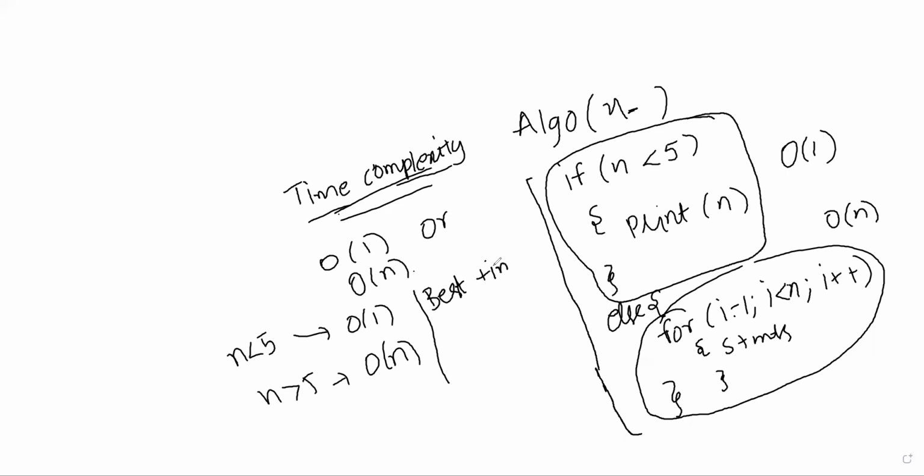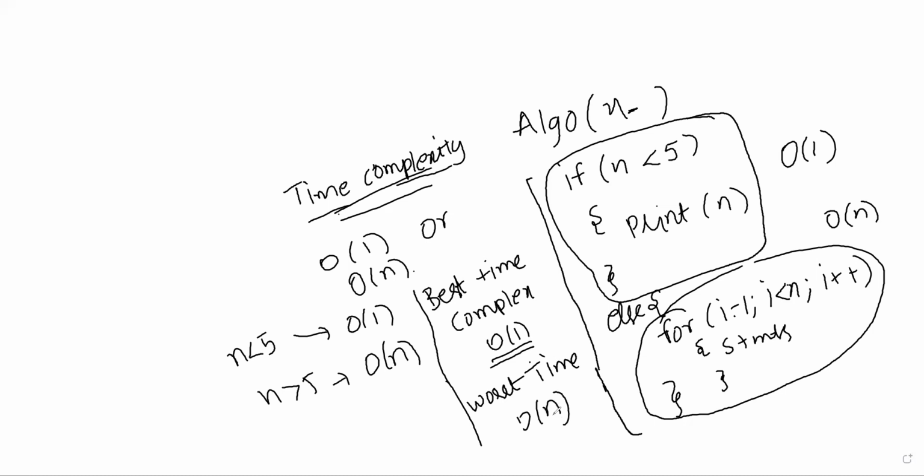What is the best time complexity of this algorithm? That is O of 1. If this algorithm runs in the best case, it would be O of 1, and in the worst case, it would be O of n.